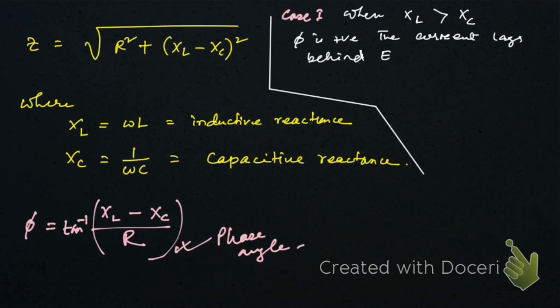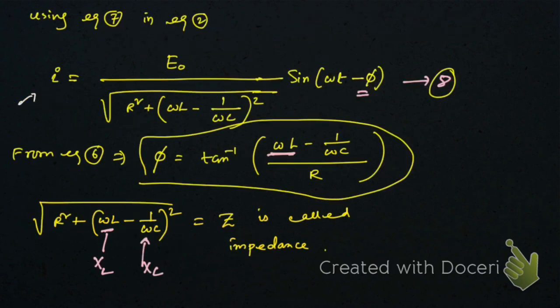So here you see, E is equal to E naught sine omega t, and we are getting I with sine omega t minus phi. If phi is negative, then this minus will be plus, right? Then current will lead, right?